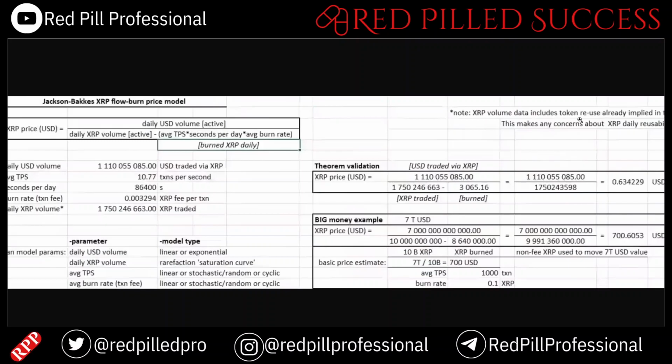Now, how all of this actually gets put into practice, I don't really know. I don't know if the value that comes on to the XRPL will drive price, or if the burn rate and those concerns will drive price.